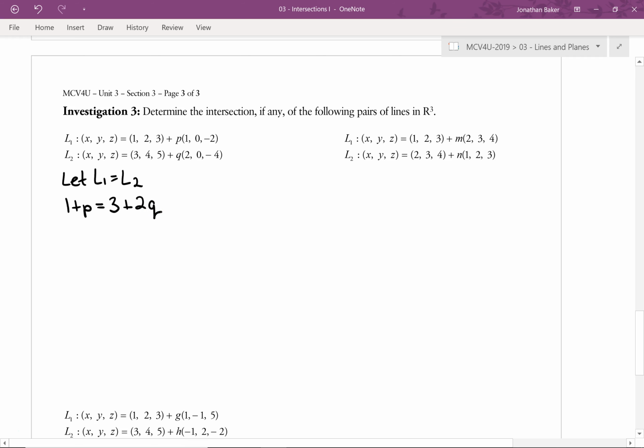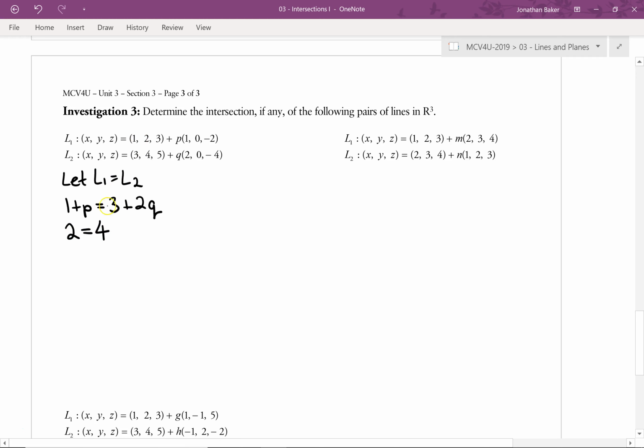Then we're going to equate the y's. So we're going to have 2 plus 0p, so 2 is equal to 4 plus 0q, so this is going to be 4. And right away, for this one, we can see that we got something that's false.